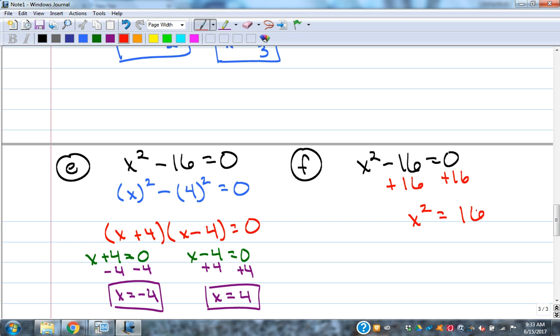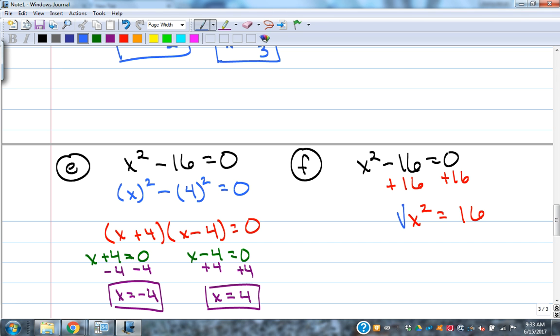What's the opposite of squaring something? Taking the what? The inverse of squaring is taking the square root. So this is where the square root stuff comes back to us from Tuesday.